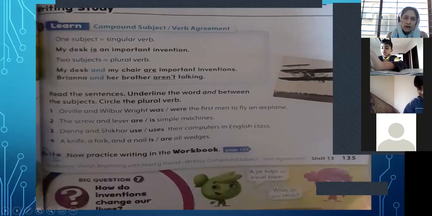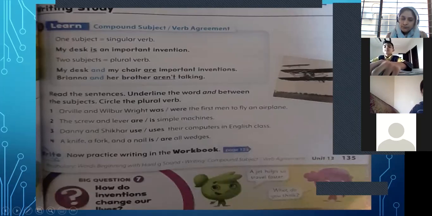When we talk about one subject, for example, Sarah, my desk, your pencil, your piano, that means we are talking about a singular subject, so we use a singular verb as well. For example, as you see the example below, my desk is an important invention.